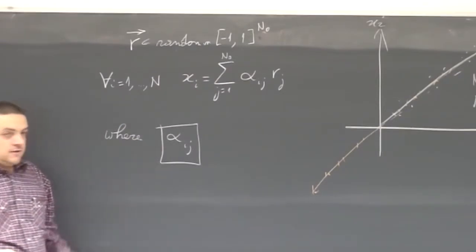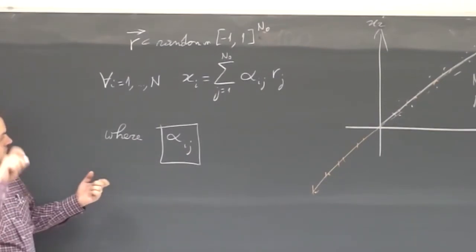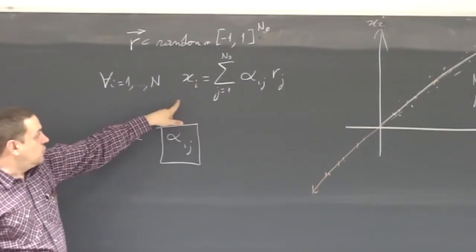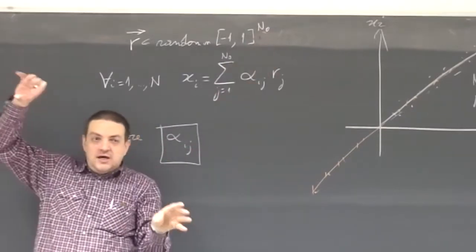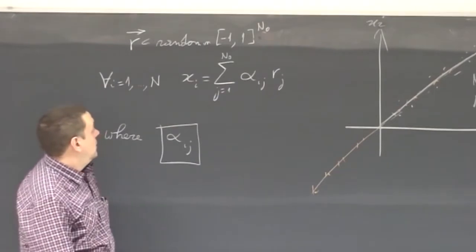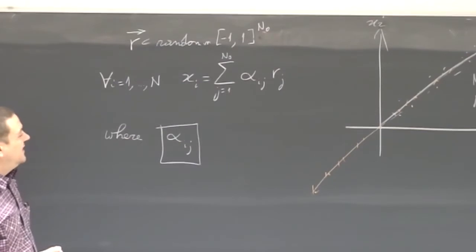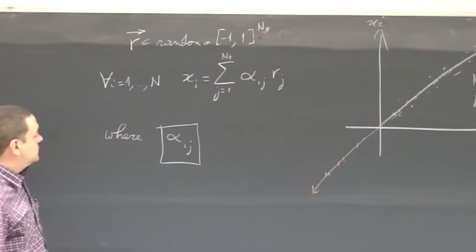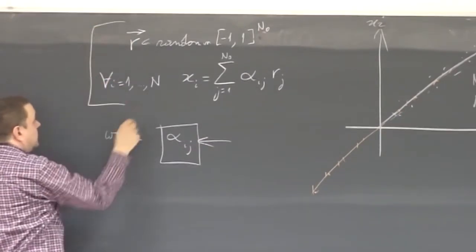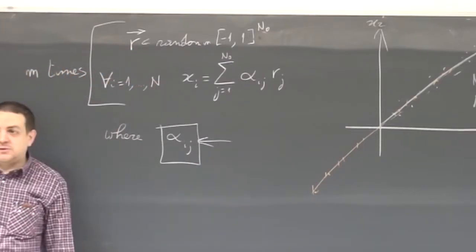So here we are generating points that occupy an n0 dimensional cloud in the n dimensional space. So alpha ij is set at the beginning, and I simply repeat this m times to have m different points.